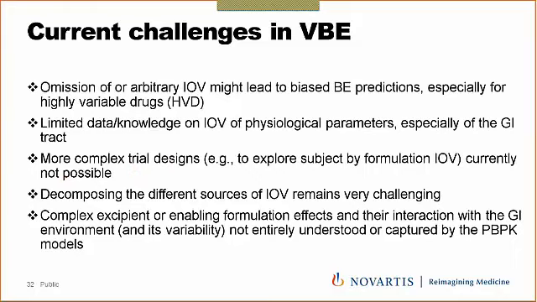It still remains quite challenging to decompose the different sources of IOV and to entirely understand the complexities due to excipients or enabling formulations, as well as their interaction with the GI environment and its variability, and how this can be captured by the PBPK models. And I'm referring only to the fasted state, because if we move to the fed state or even other populations, this picture might get even worse.